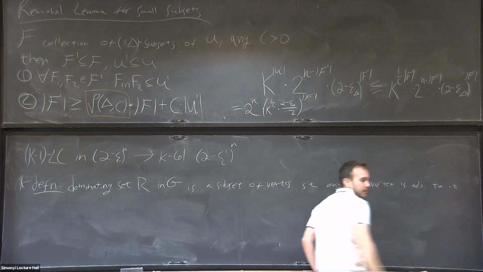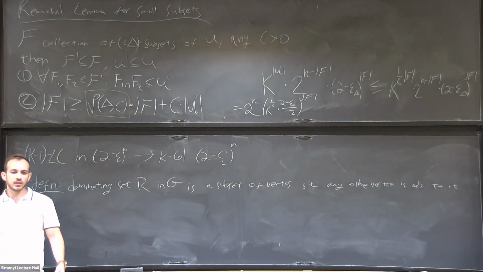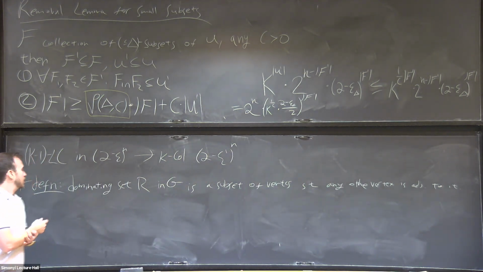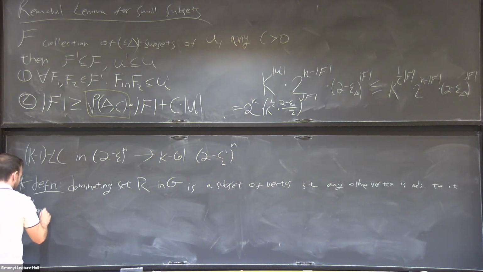And so a subset R is called a dominating set if every vertex in my graph that is not in R is connected to at least one vertex in R. Okay, so here is a claim, lemma, whatever.